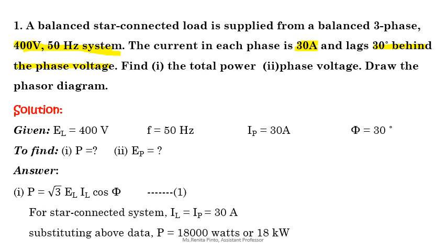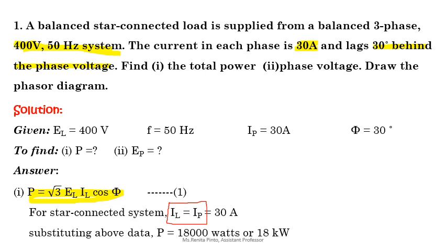So next, they have asked you to find out the total power, phase voltage and draw the phasor diagram. Now, you already know that power is given by root 3 EL IL cos phi. Now for a star connected system, we have IL is equal to IP.